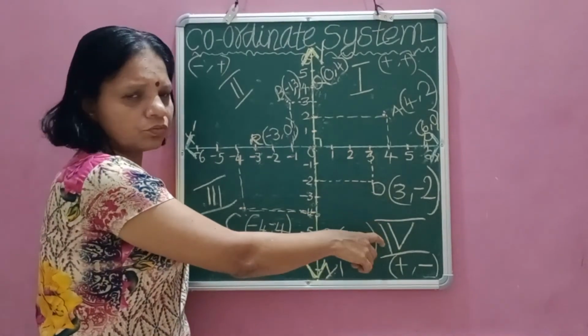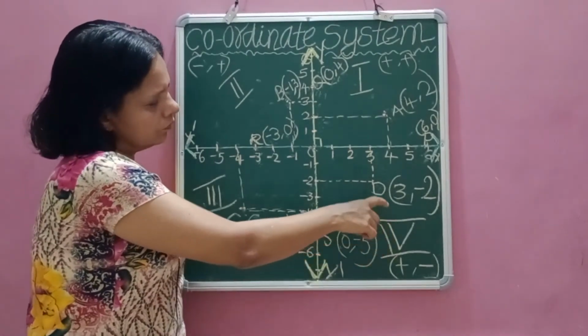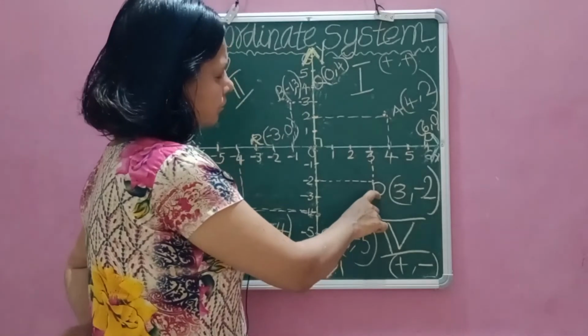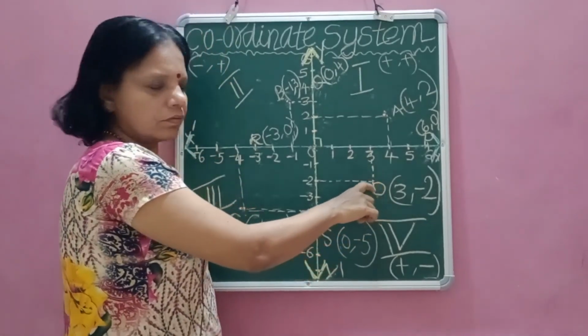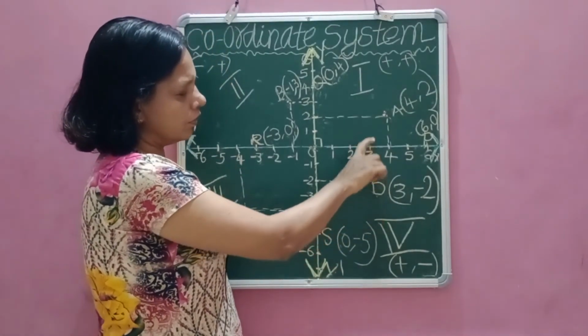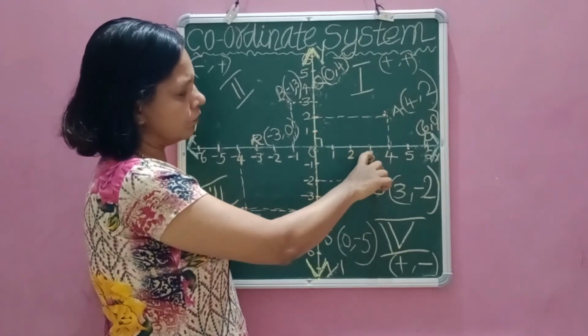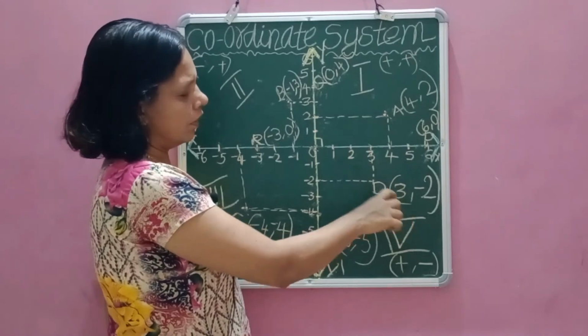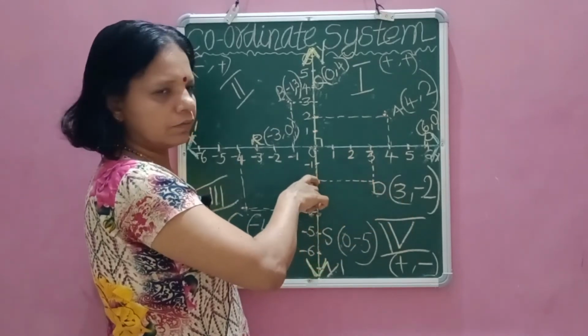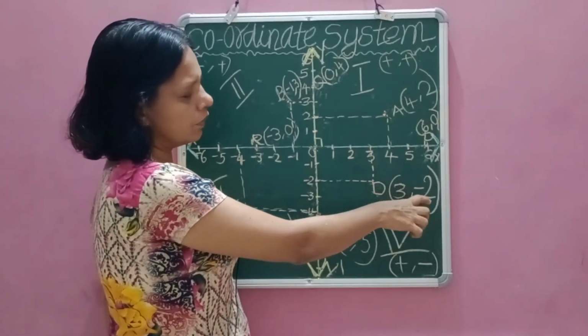Now take the fourth quadrant. There is a point D. First find the x-coordinate by drawing the perpendicular to x-axis. The corresponding number is 3. And draw the perpendicular to y-axis. The corresponding number is -2.